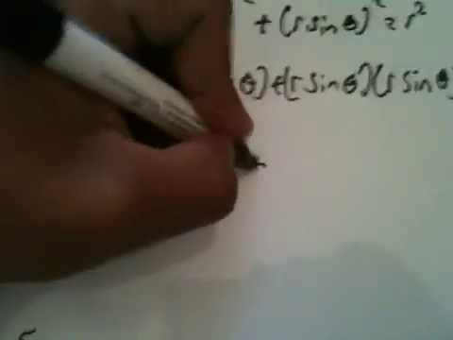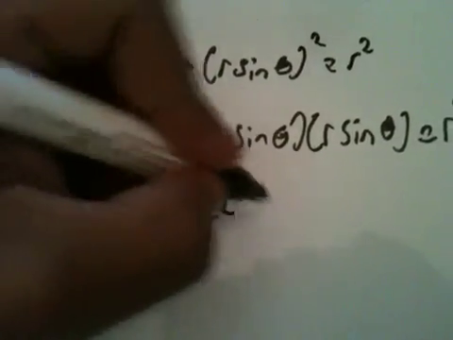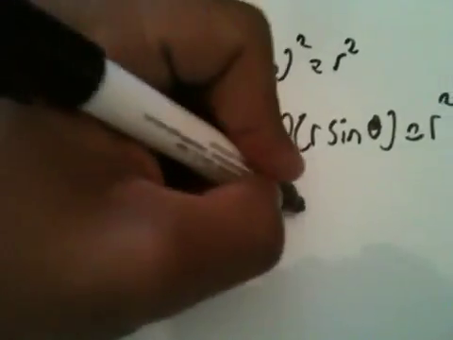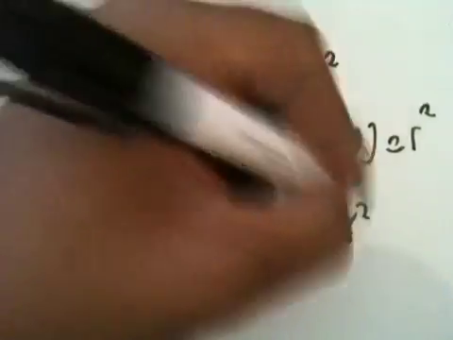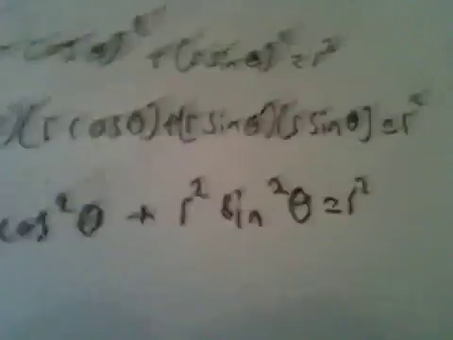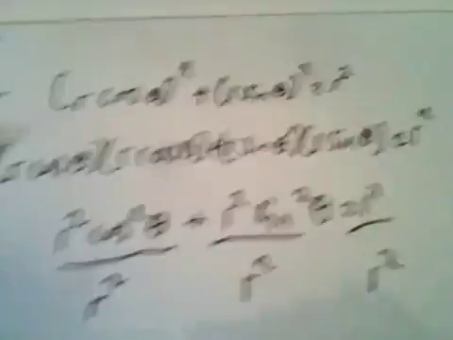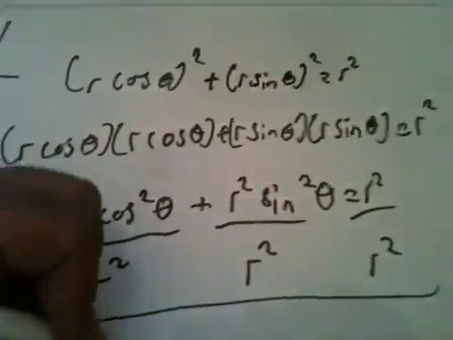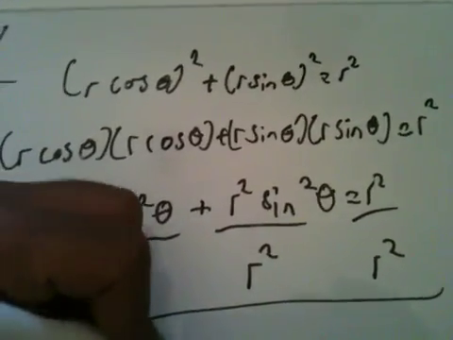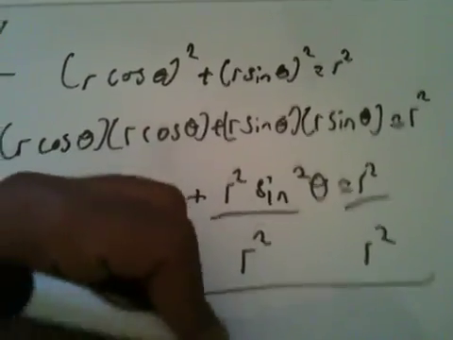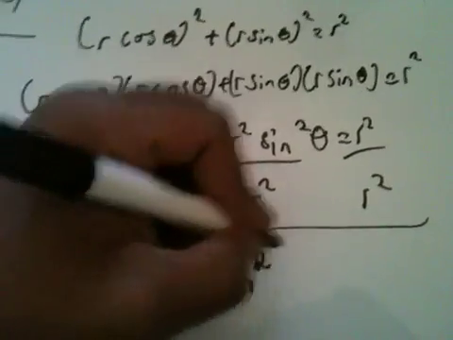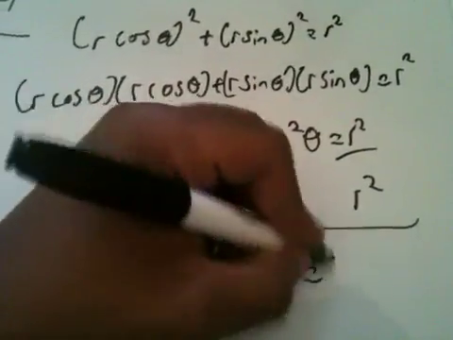We have r squared cosine squared theta plus r squared sine squared theta equal to r squared. And now we can just divide through by r squared. And we have cosine squared theta plus sine squared theta equals 1.